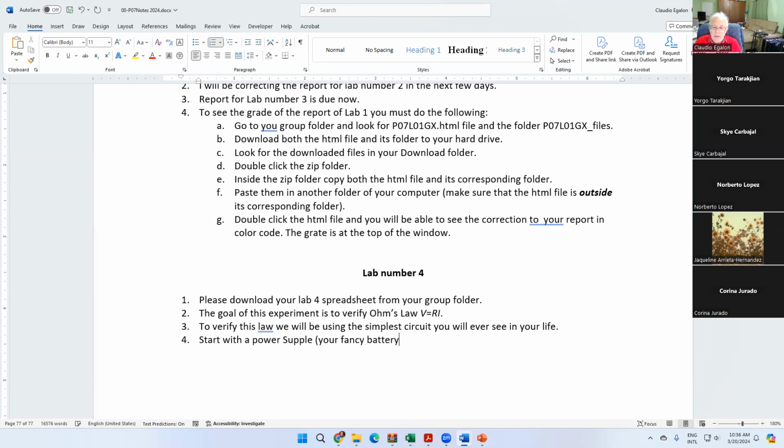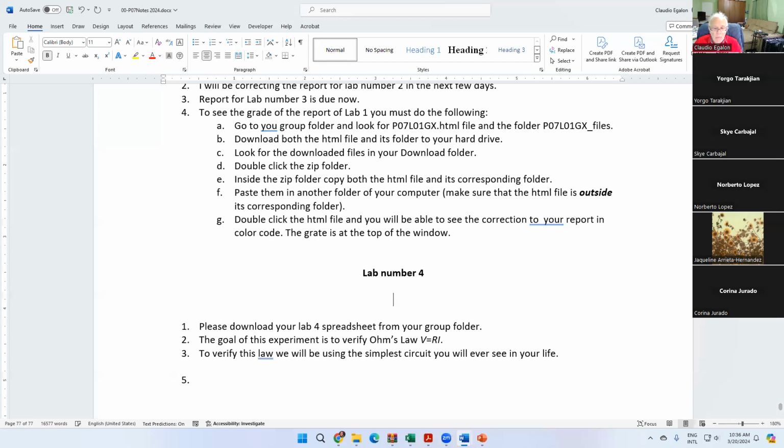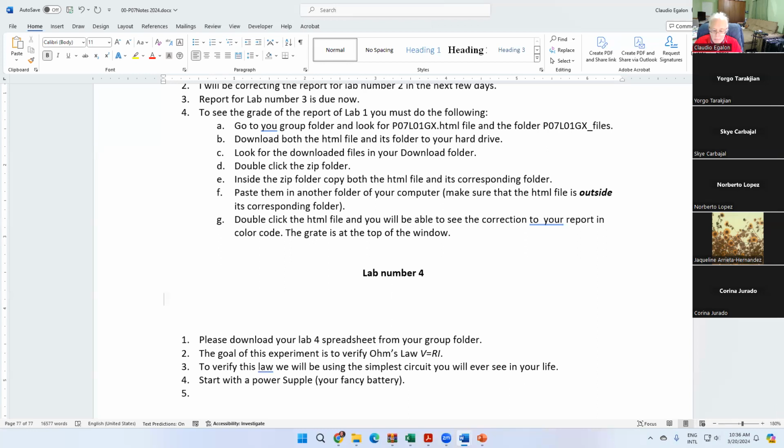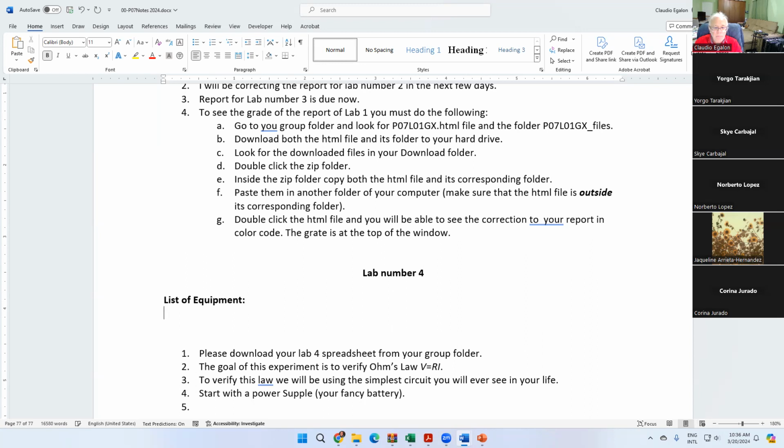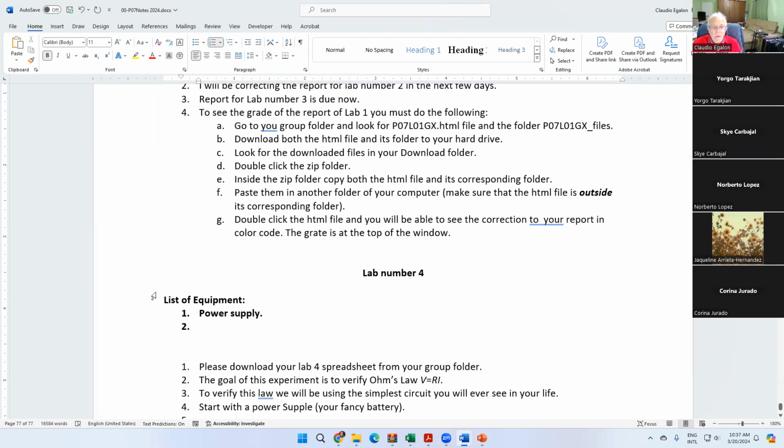The battery that you can change the voltage, your fancy battery. And while I do that, I'm gonna put a list of equipment here. List of equipment. 1 power supply. I'll put it separately.